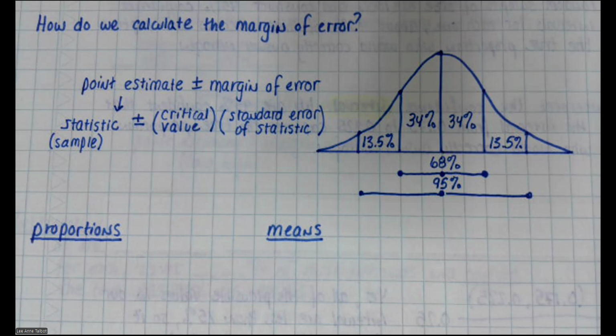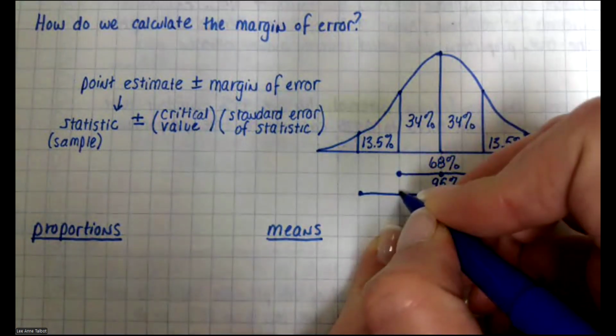Okay, so when you're reading this, I want you to say, okay, number I get from my sample, plus or minus some number of jumps on either side. So how many jumps out? And the width of the jump is going to be standard deviation. Okay, and I need to teach you how to find all that stuff.